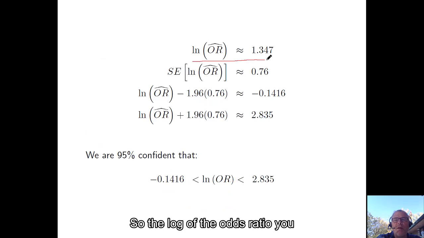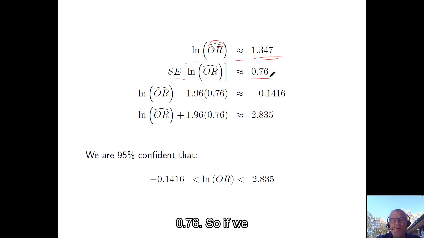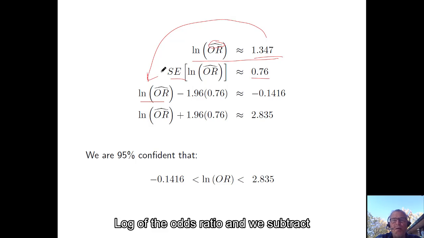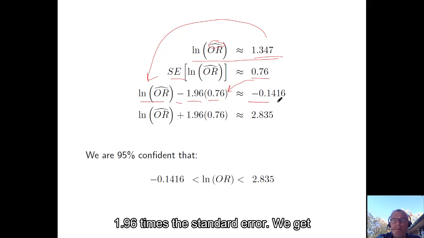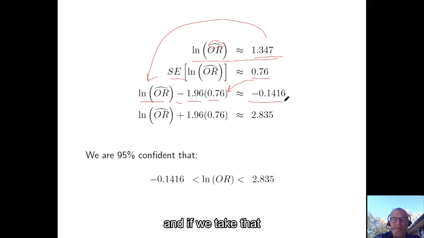So the log of the odds ratio estimate, it's a hat here because we estimated it from the real data, is 1.347. Standard error, as I said before, was 0.76. So if we take that log of the odds ratio and we subtract 1.96 times the standard error, we get this number here, negative 0.1416.